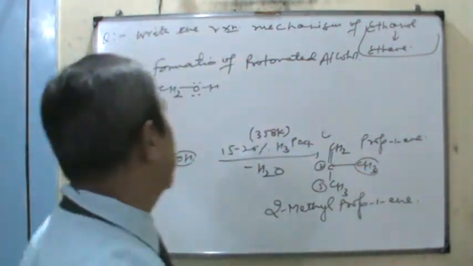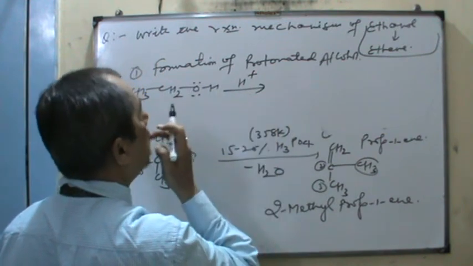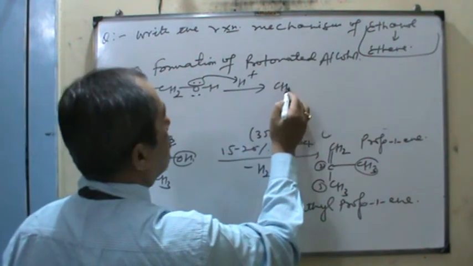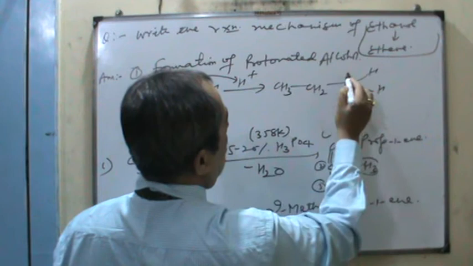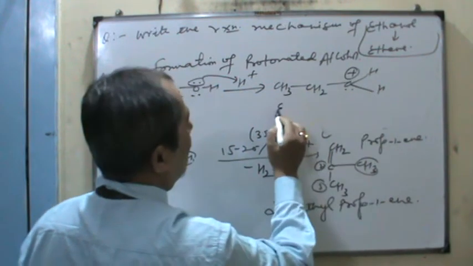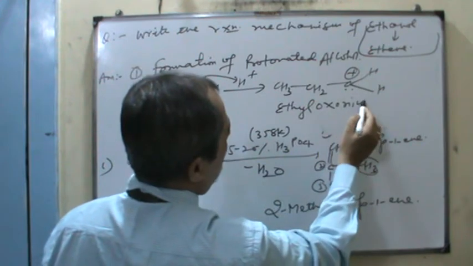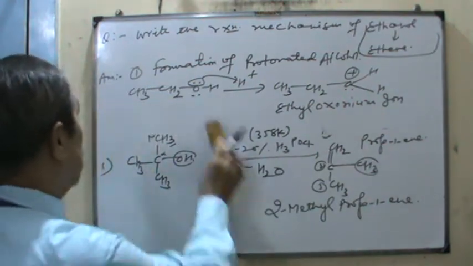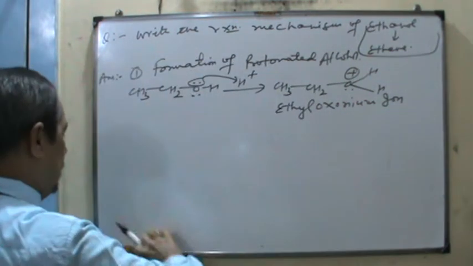Whatever we take first, hydrogen ion from the sulfuric acid, then this will provide the lone pair to the H, CH3CH2OH, ethyl oxonium ion.